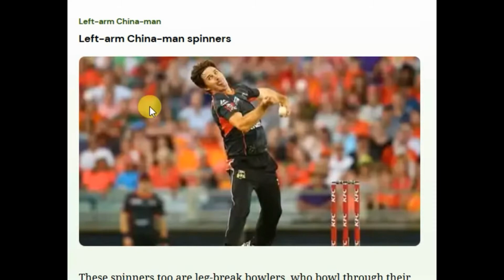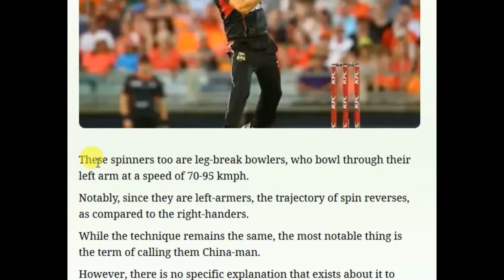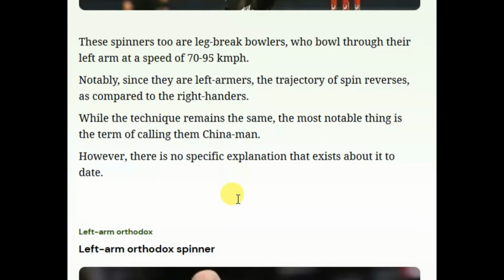And there is another picture of Brad Hogg, a left arm Chinaman spinner bowler bowling from the left hand side. This spinner is a leg break bowler bowling leg spin, which can be bowled from 70 to 95 kmph. There is no specific explanation that exists about this.